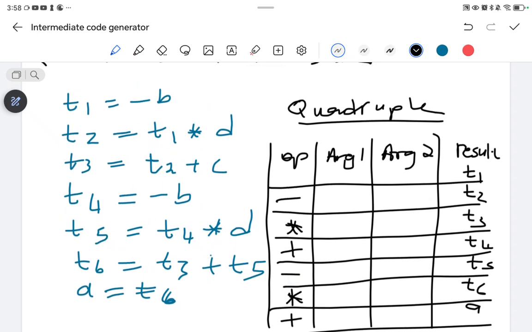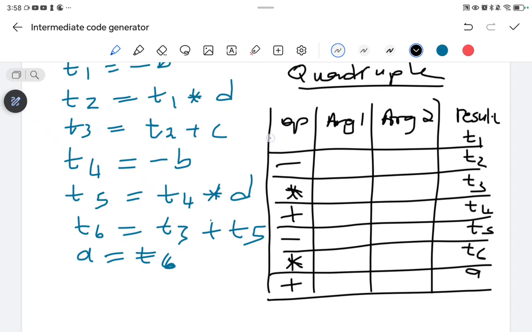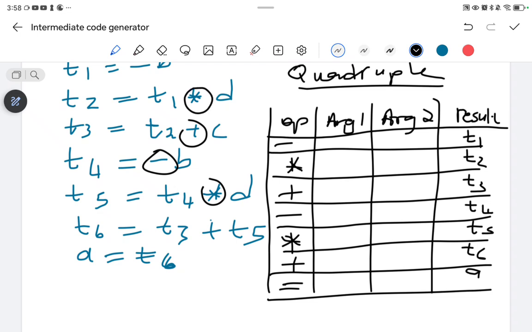Negative, times, plus, oh yeah, I missed this, because I couldn't put this equal sign here. Plus, this is minus, times, plus. So I was just checking these operands here and put them there. This is the best way to write it fast.